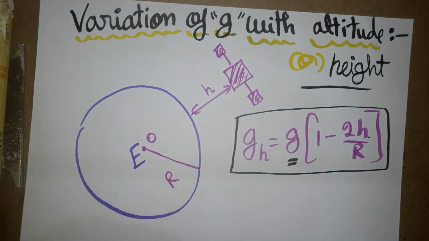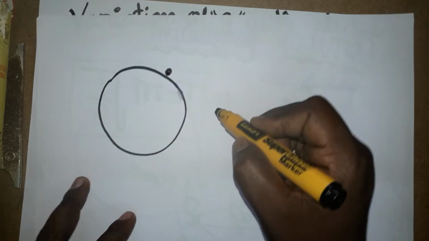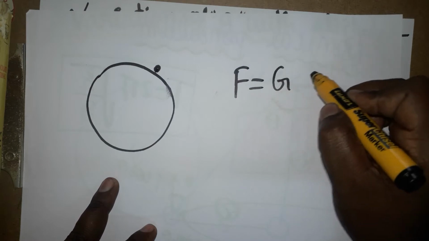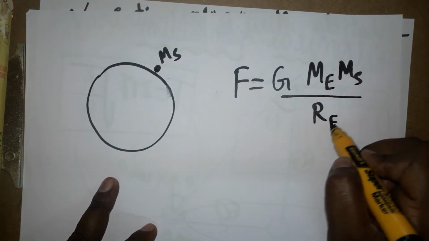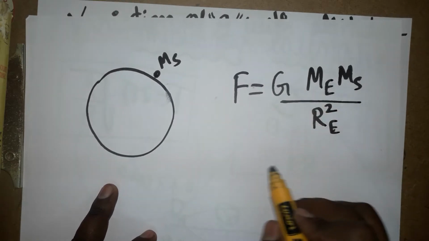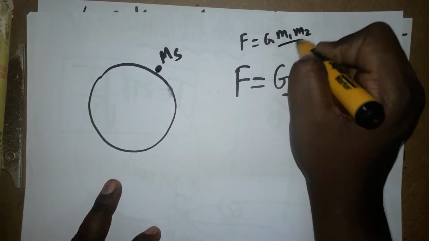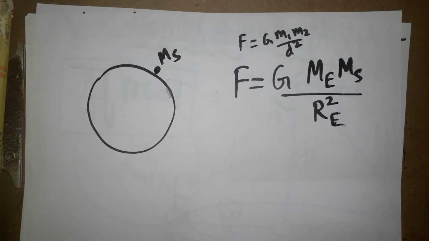The first thing we'll see is a satellite or some object on the surface of the earth. F is equal to, according to the universal law of gravitation, G times m1, the mass of the earth, times m2, the mass of the satellite, divided by the radius of the earth squared. It's the same universal law of gravitation, F equals G m1 m2 divided by d squared, but I modified it according to the situation.